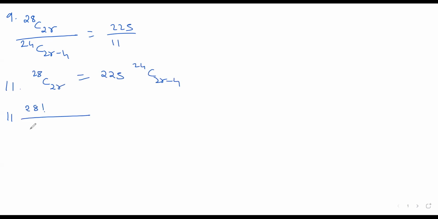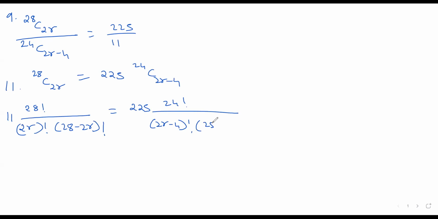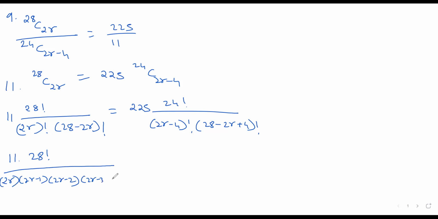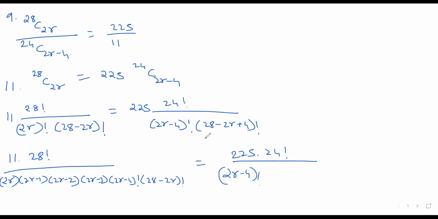11 into 28 factorial upon 2r factorial into (28 minus 2r) factorial is equal to 225 into 24 factorial upon (2r minus 4) factorial into (28 minus 2r) factorial.